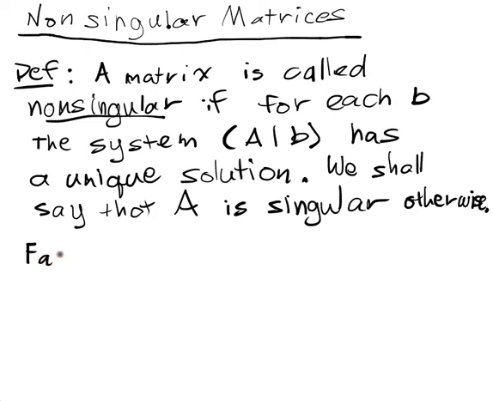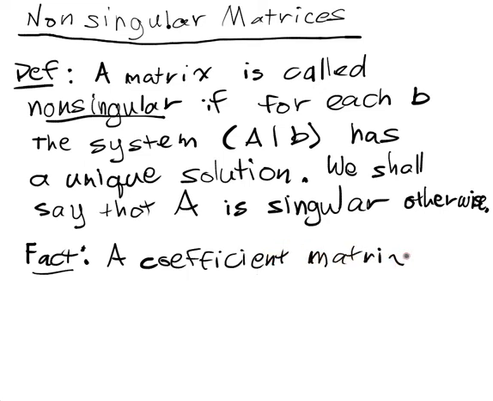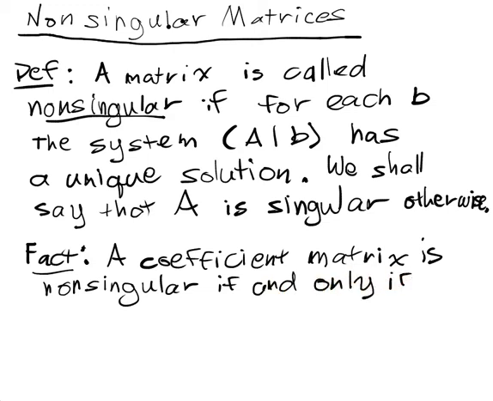So fact. A coefficient matrix A is non-singular if and only if the number of rows of A is equal to the number of columns of A is equal to the rank of A. That's the only time that occurs.